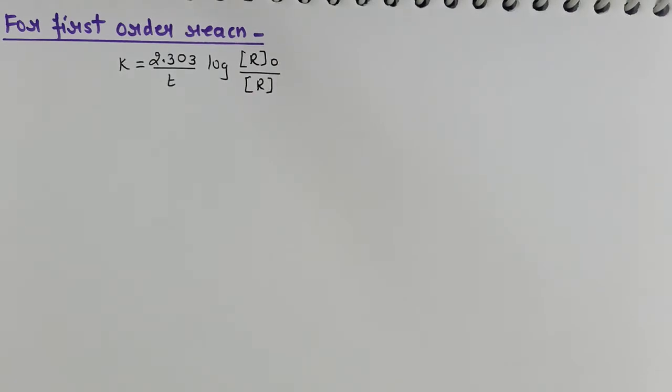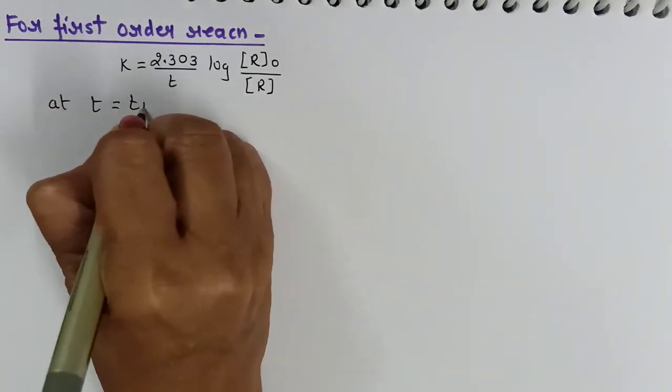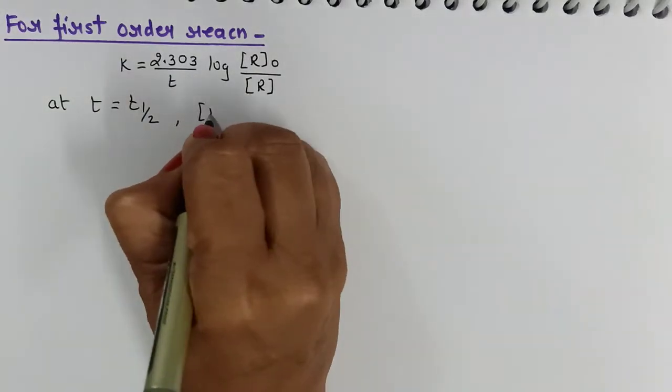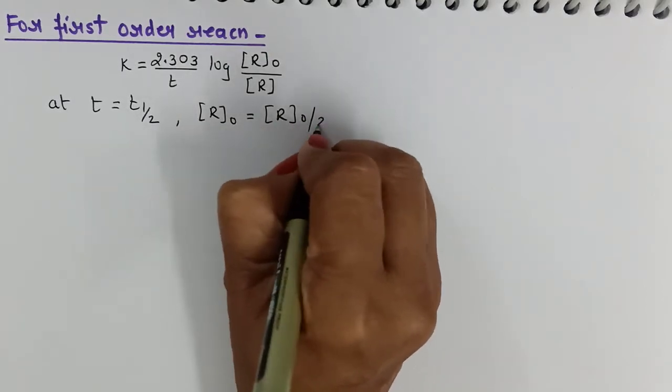Now that was for zero order reaction. Let us do this for first order reaction. For first order reaction, we know the equation is K equals 2.303 upon T log R0 upon R. Again we'll consider the time where the reaction has exactly completed half, or the original concentration of the reactant has reduced to half.